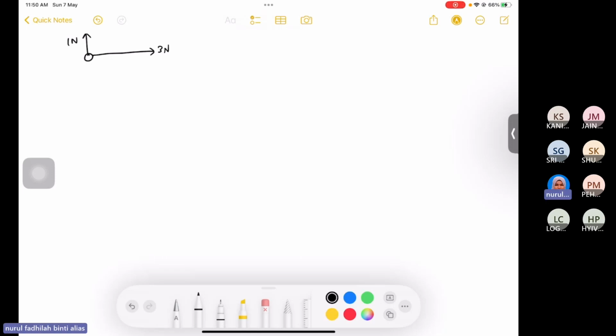Okay, so you scale. Remember earlier you have to draw according to scale. So you make the scale 1 cm, 1 Newton, because the numbers are small. Right? 1 Newton, 1 cm.